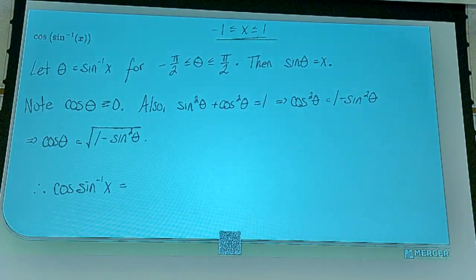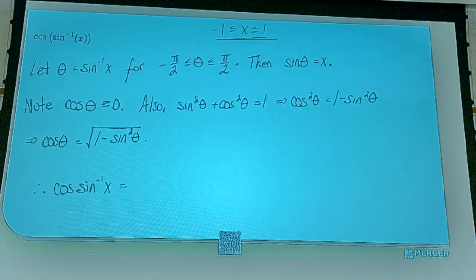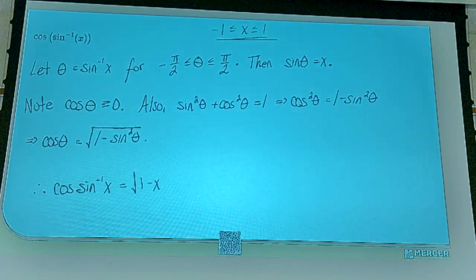So cosine of the inverse sine of x. Wait, sine inverse x is, so would it be x squared? It's going to be the square root of 1 minus sine squared. And we said sine of theta was x. And there's your expression: square root of 1 minus x squared.